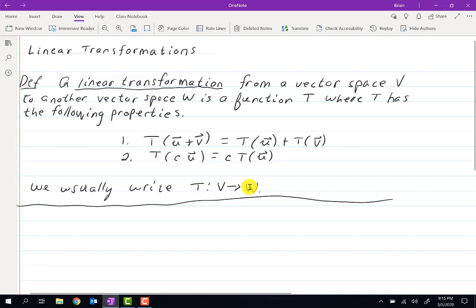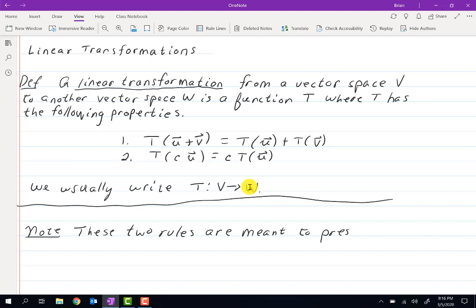Now, I want you to notice something about this definition. These two rules are meant to preserve closure under vector addition and scalar multiplication.